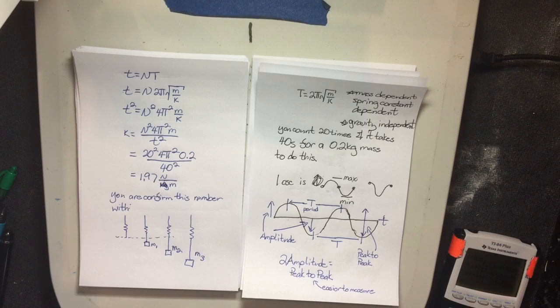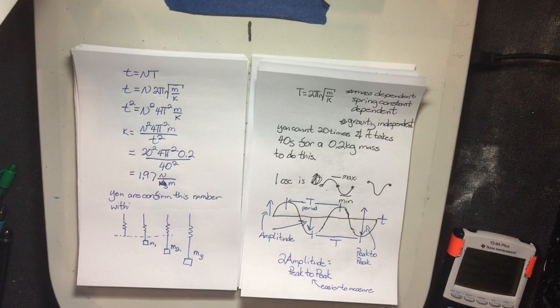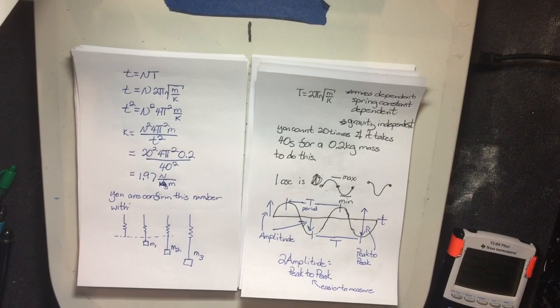So you're going to hang this spring from a hook or something, and you're going to measure where its rest position is. And then you're going to put a little bit of mass on it, and then more mass, and then more mass, and it's going to extend each time.